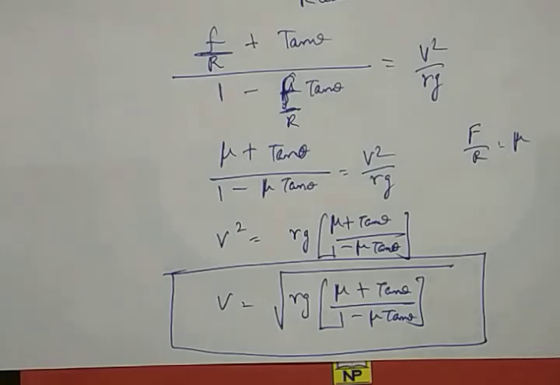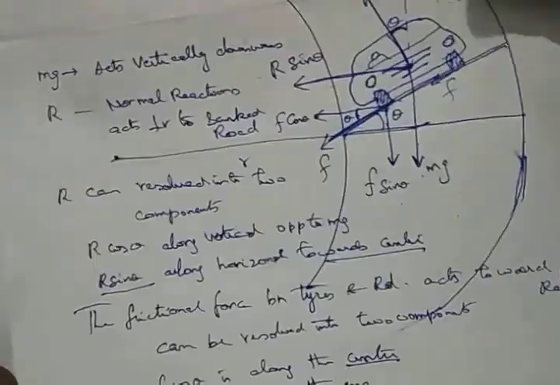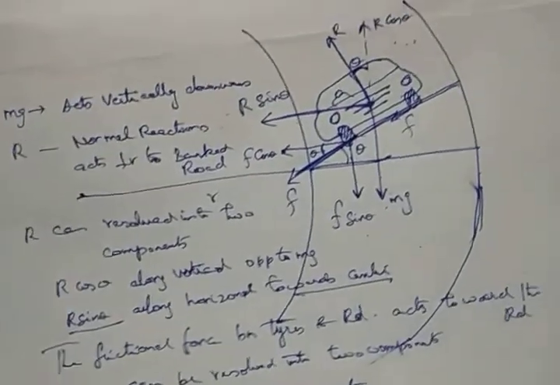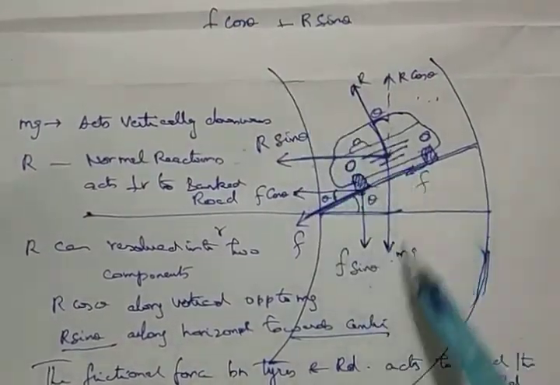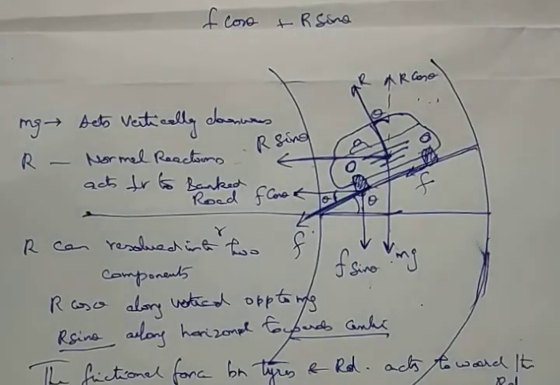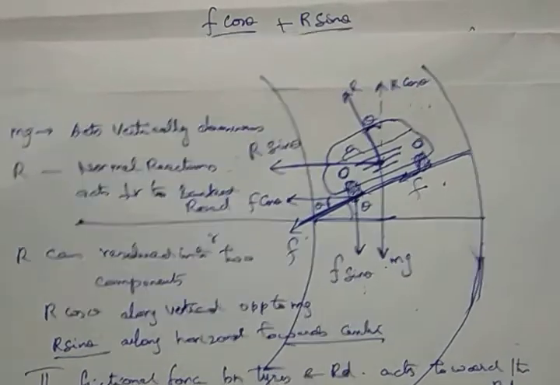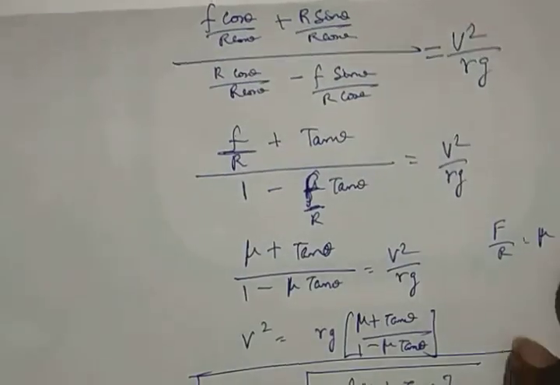What is all happening here? Remember this expression. What it says is, in case of a banked road and the car is moving, because of the friction, you can go at a higher velocity. Because it's banked, you need not worry about it. That's what it says.